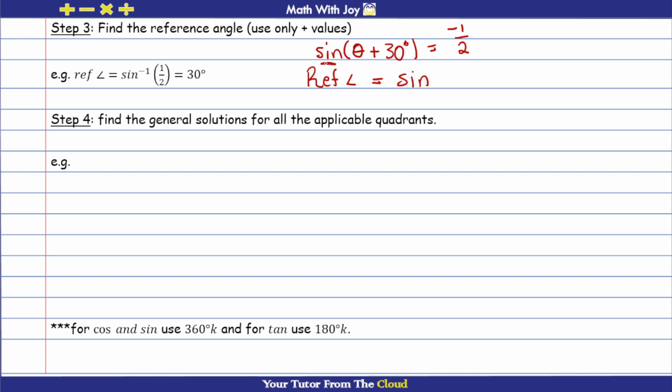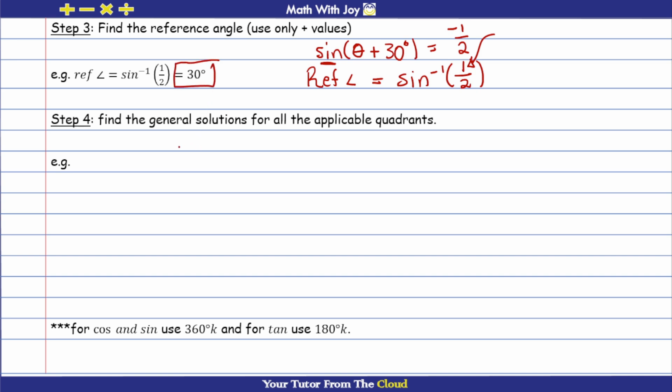So you take that trig ratio and you take the inverse of it and you take that number it's equal to. But make sure that when you substitute that number, it must always be positive. You only substitute positive values when finding the reference angle. So now we substitute that into the calculator and you probably get something like 30 degrees.